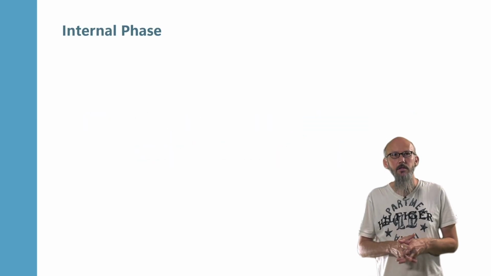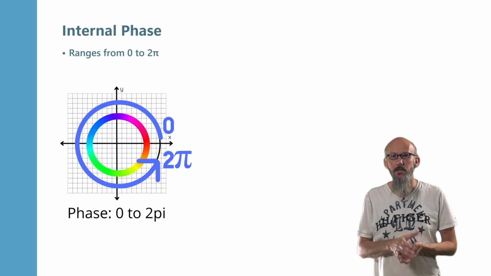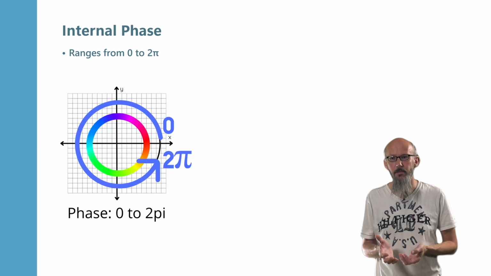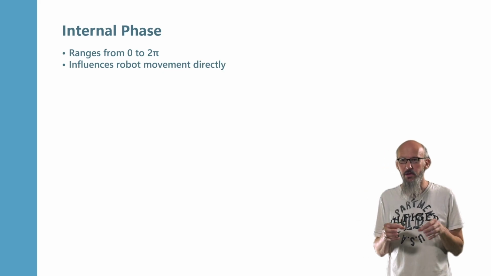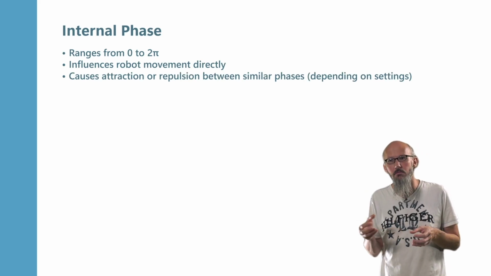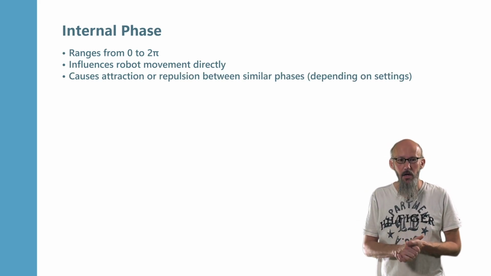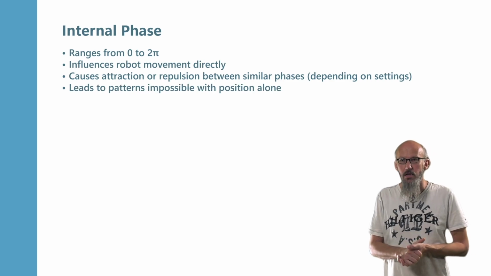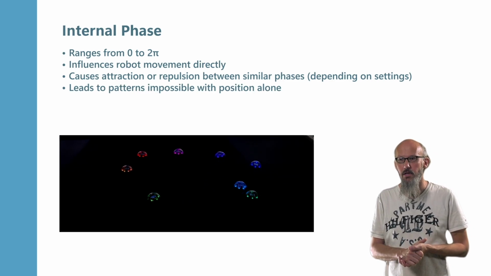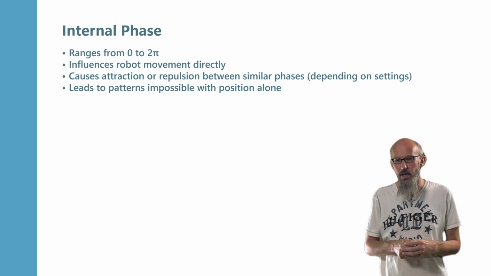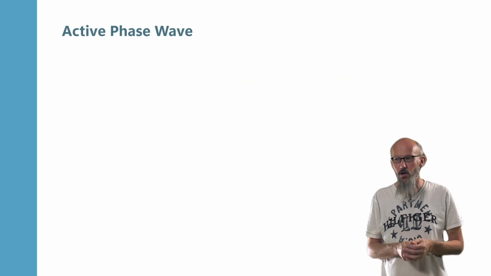The internal phase, in principle, is a value that is in the range from 0 to 2 pi. The phase is connected to the movement in a way that similar phases attract or repel other robots depending on the setting. This could lead to patterns that cannot occur if there is no internal phase. Let me give you an example. We look at the active phase wave state, as it is called.